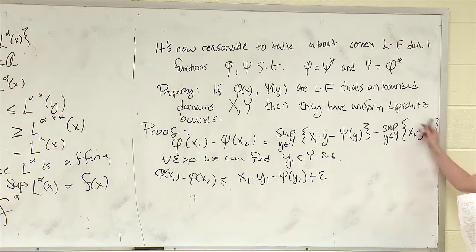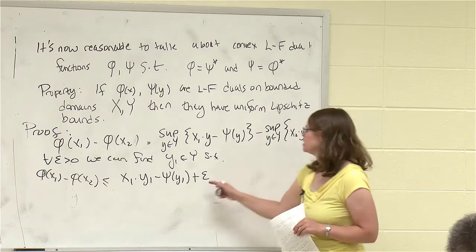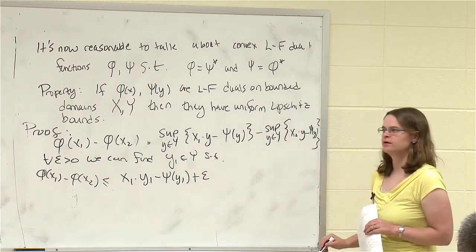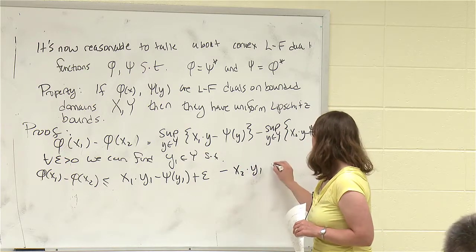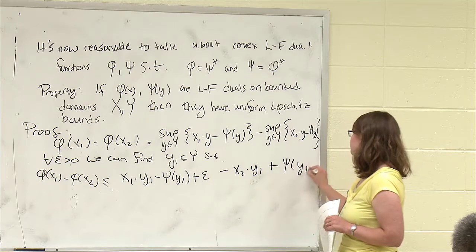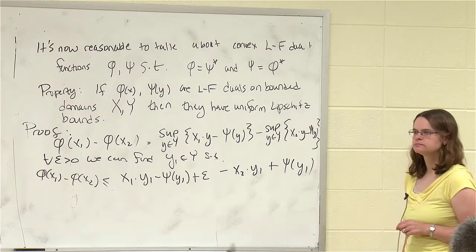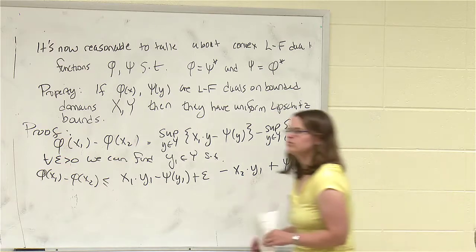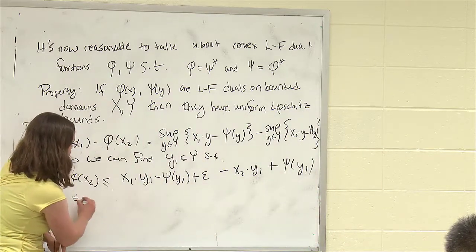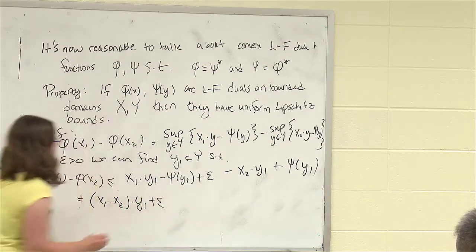On the other hand, if I plug y1 into here, okay, we're less than the maximal value. But since there's a negative sign in front of that, that works with the inequality that we're doing here. So I can write x2 dot y1 plus C of y1. Okay, and then things simplify a little bit. What do we get? We get x1 minus x2 dot y1 plus epsilon.